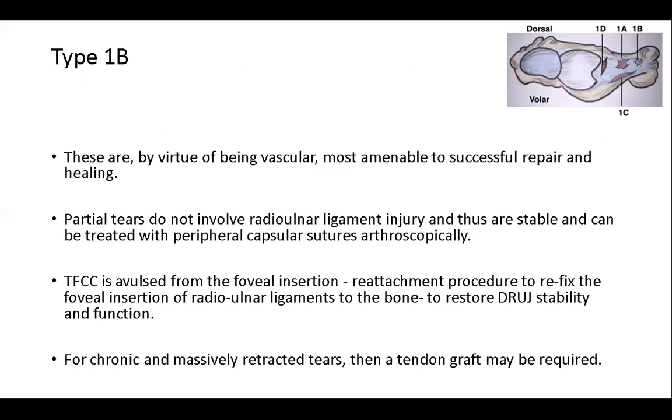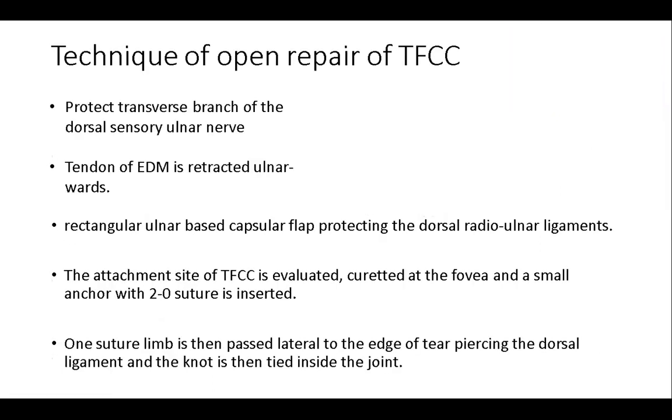Partial tears of 1B usually do not involve radioulnar ligament injury and are stable and are treated by capsular repair. If a TFCC is avulsed from the foveal insertion, reattachment to refix the foveal insertion is done to restore DRUJ stability and function. For chronic and massively retracted tears, tendon graft is required.